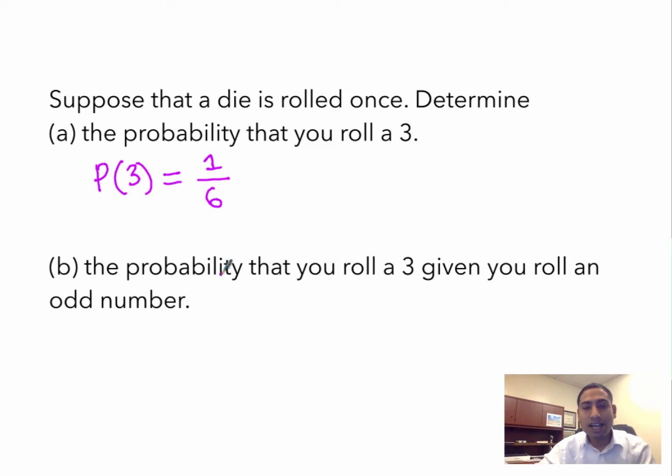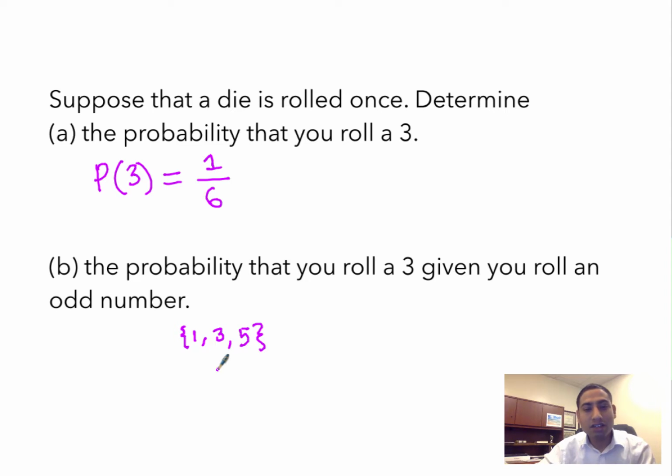Now, let's suppose that you know you're going to roll an odd number. So now the possible outcomes would be either 1, 3, or 5. These are the only odd numbers from 1 through 6.